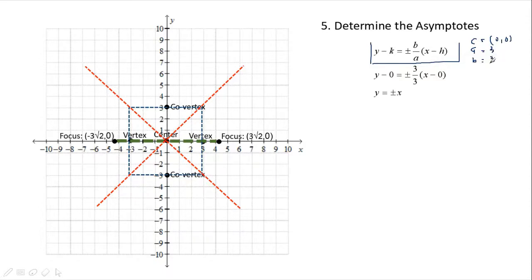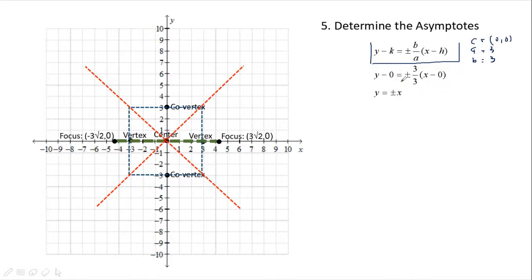Again, the formula for determining the asymptotes in this problem is y minus k equals plus or minus b over a times x minus h. Our k is 0, so y minus 0 equals plus or minus 3 as our b, divided by our a, 3, multiplied by x minus 0.